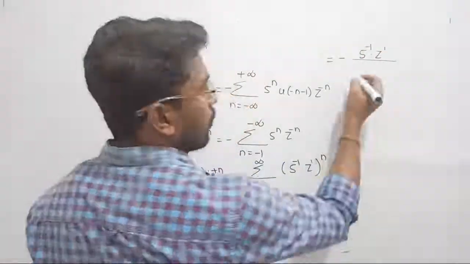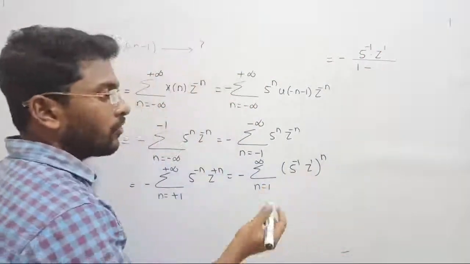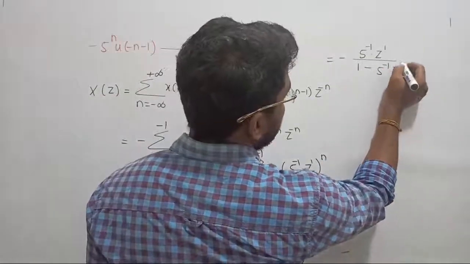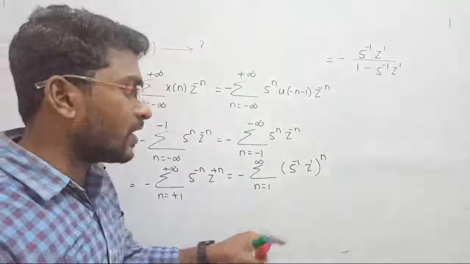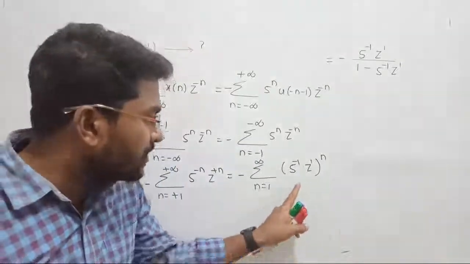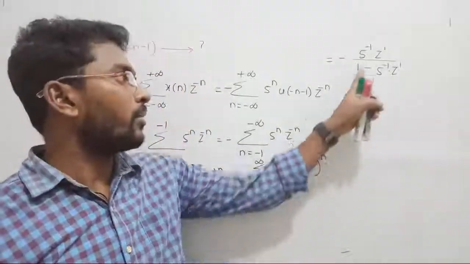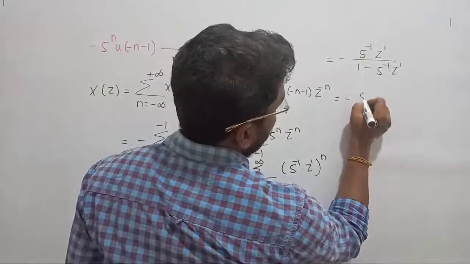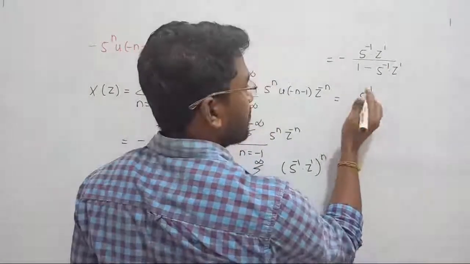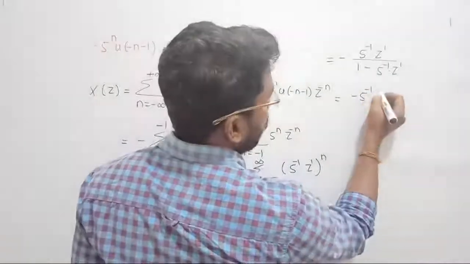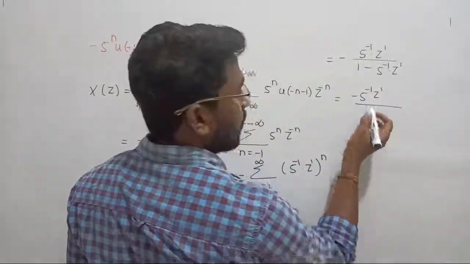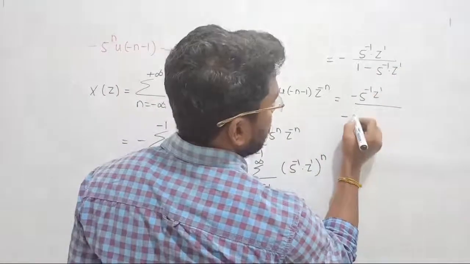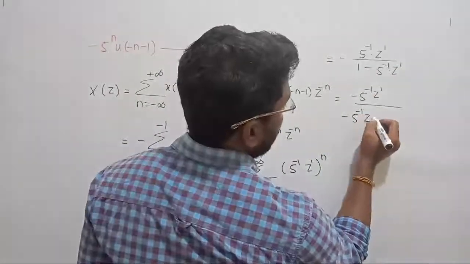In the denominator we have to consider 1 minus the common factor. 5 power minus 1 dot z power 1 is the common factor, as well as the first term, since I replace n by 1, so we get 5 power minus 1 into z power 1. Now in the next step, in the numerator I have this minus into this: minus 5 power 1 into z power 1. In the denominator, take minus 5 power 1 into z power 1 outside, such that this becomes minus 5 power minus 1 into z power 1.